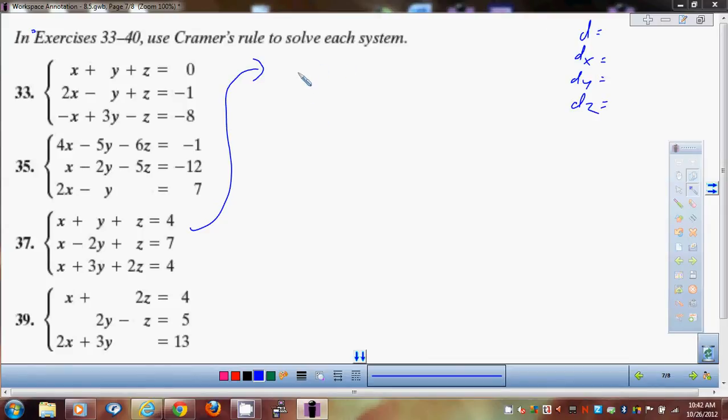Okay. For regular D, that's 1, 1, 1, 1, negative 2, 1, 1, 3, 2. We good so far? That's just the matrix. All I've done is rewrite it. So to find the determinant, I take the top row.